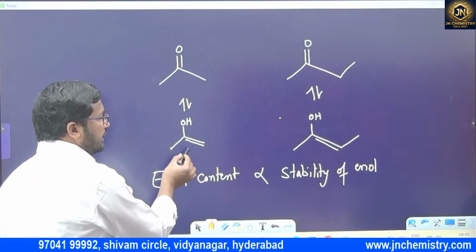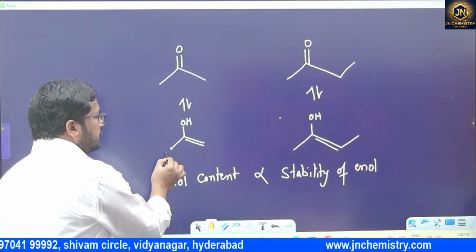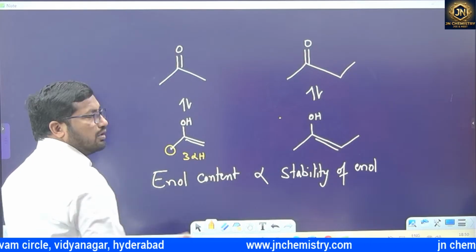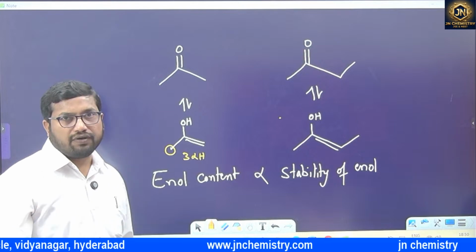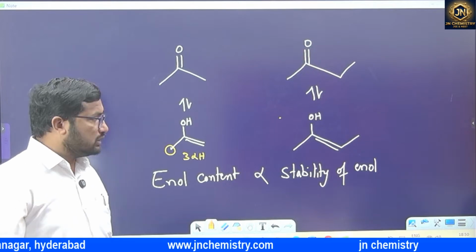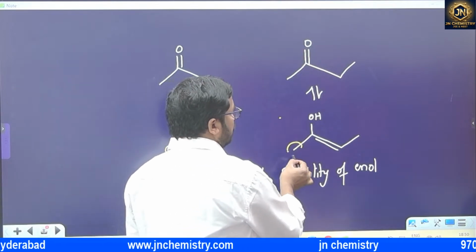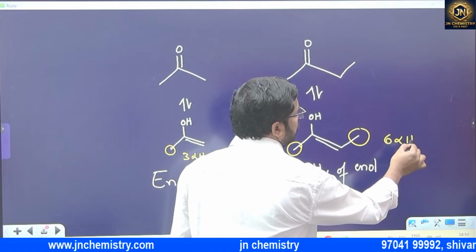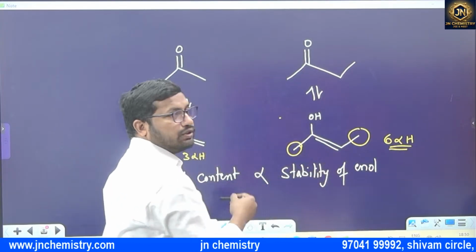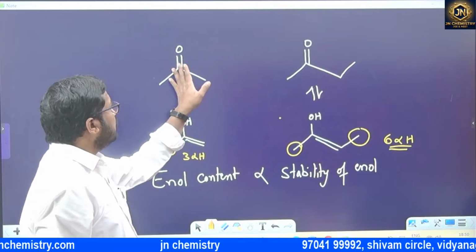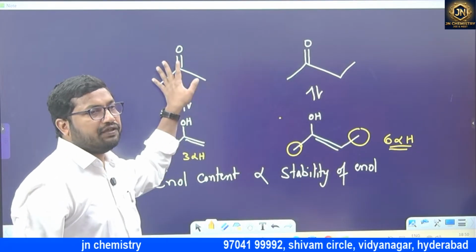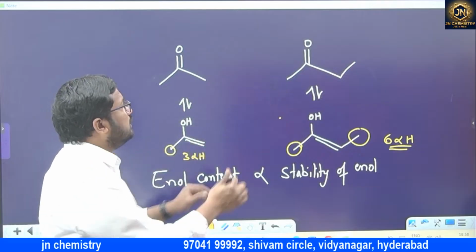Based on alkenes, we'll see how many alpha hydrogens are here: 3 alpha hydrogens. Alkenes having more alpha hydrogens are more stable, whereas in this case there are 6 alpha hydrogens, right? So which is more stable? This is more stable. If they ask this question, both are ketones only, and the enol content is more for this one.